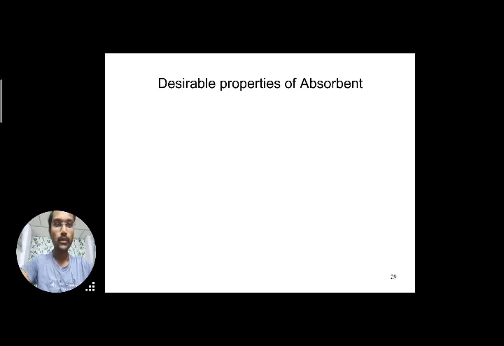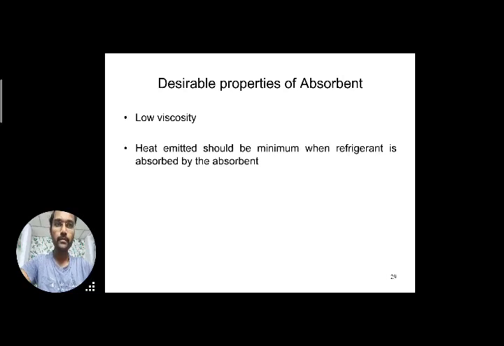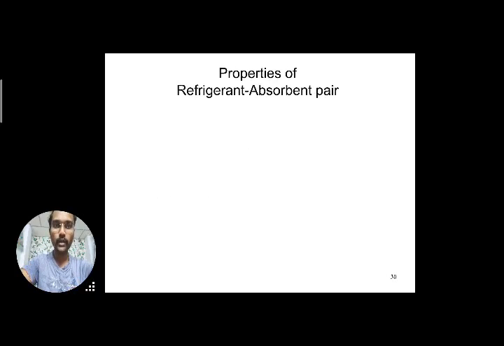Low viscosity should be there. Heat emitted should be minimum when the refrigerant is absorbed by the absorbent. That is also an important point. And low molecular weight is also an important point.